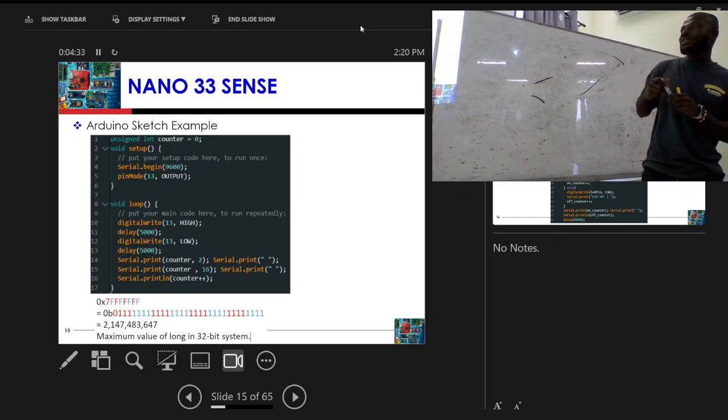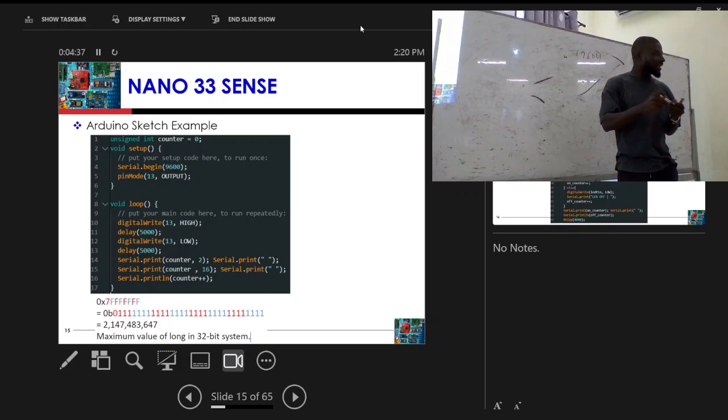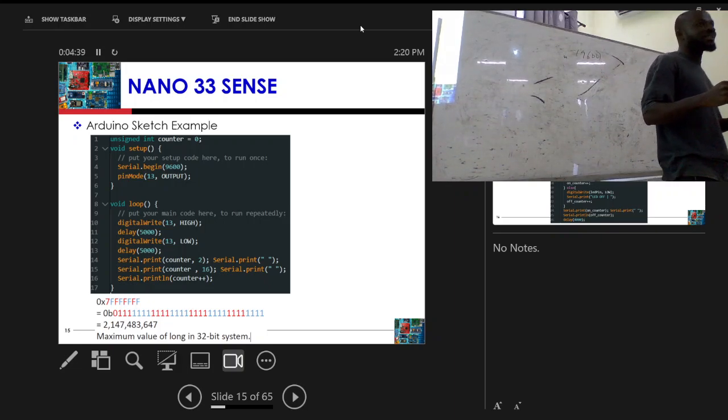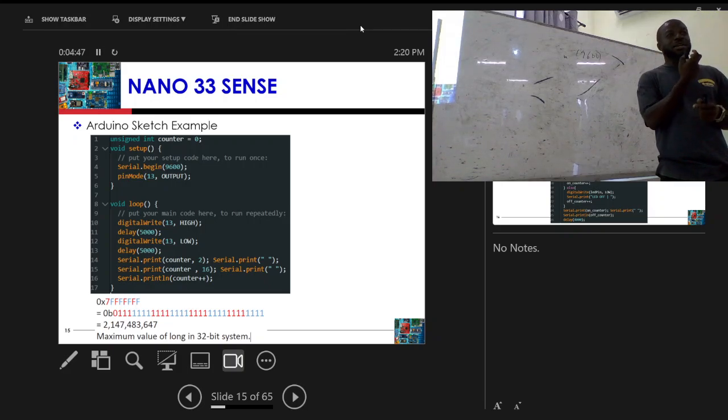And if you see begin(9600), what does that mean? The 9600. It is the rate at which data can be transferred from the PC. Simple as that, right?